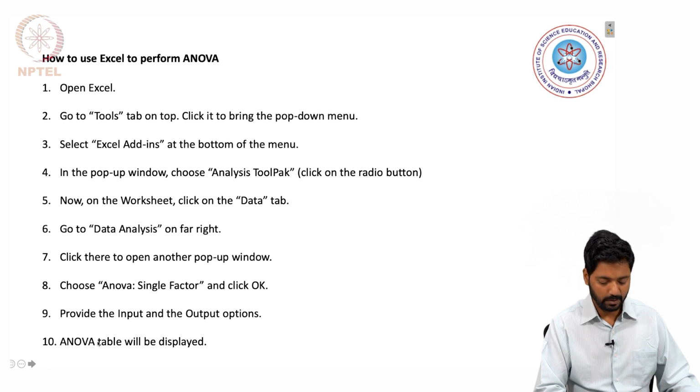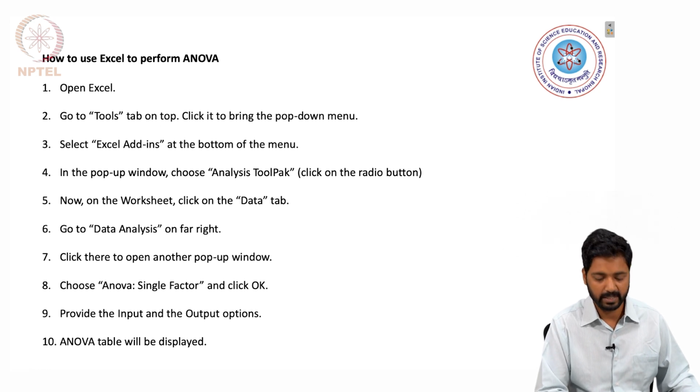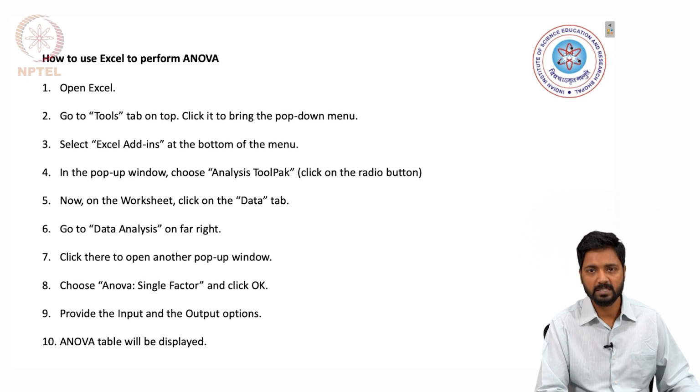So I hope this will make things much easier for you in using ANOVA in your day-to-day samples. However, for the conduct of this course and in the tests that will be conducted, you will be required to perform ANOVA by hand.